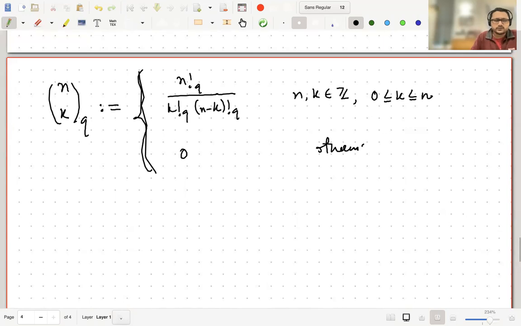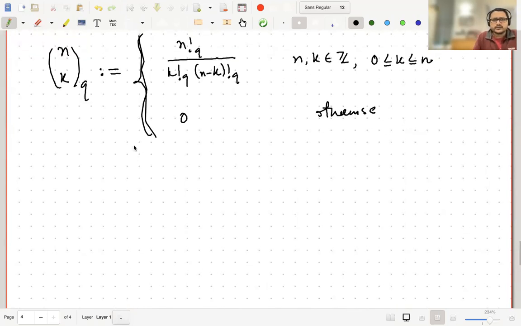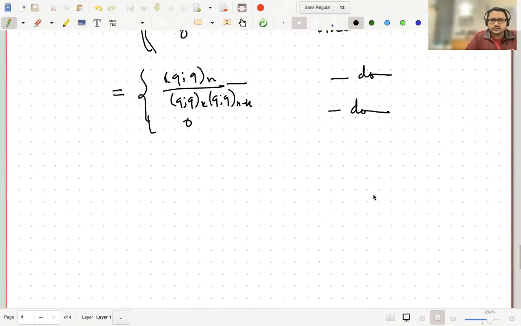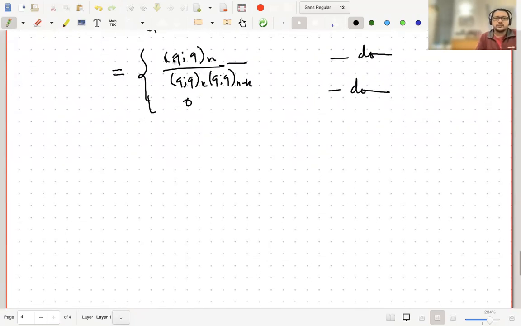Another way of writing this using the notation that we just introduced is (q;q)_n divided by (q;q)_k times (q;q)_{n-k}, with the same range. All right, so this is our definition for the q binomial coefficient.